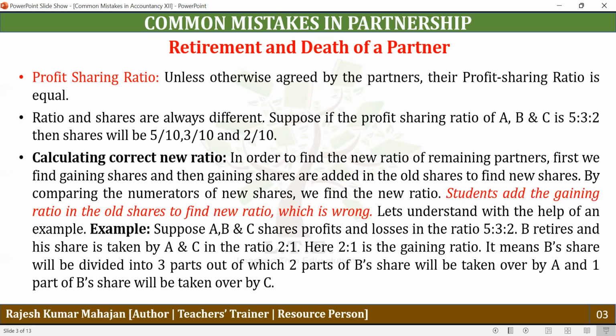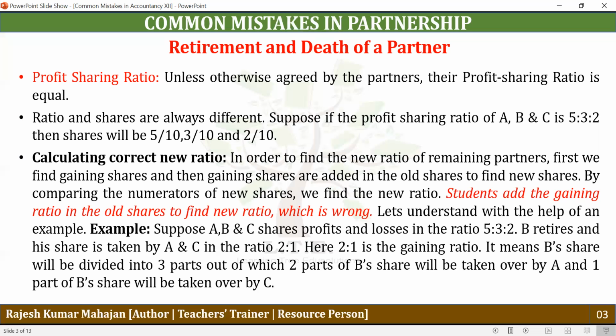So here we are taking one example where A, B, and C are three partners having profit share ratio 5:3:2. B retires and his share is being taken over by A and C in the ratio 2:1. This ratio makes it clear that B's share will be divided into three parts.